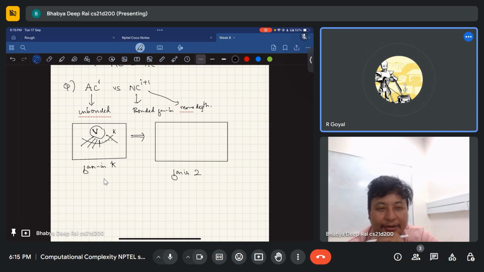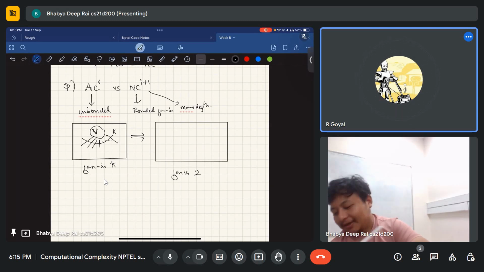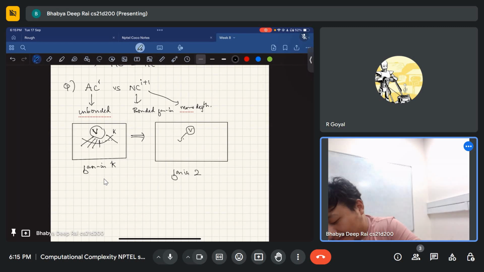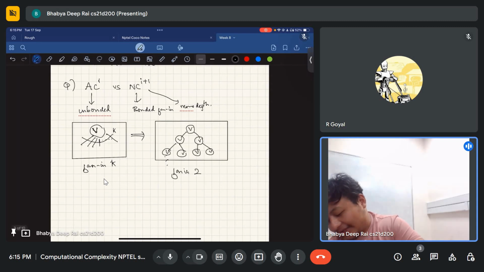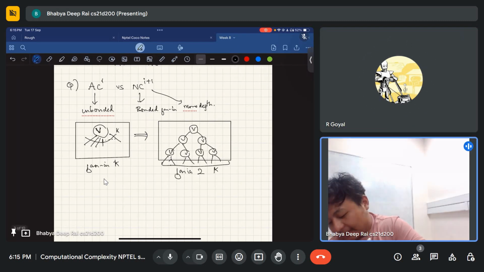You do it in a tree-like fashion. Here's an OR gate, here's another OR gate, here's another OR gate, and so on. So there are k inputs, so there are k leaves.